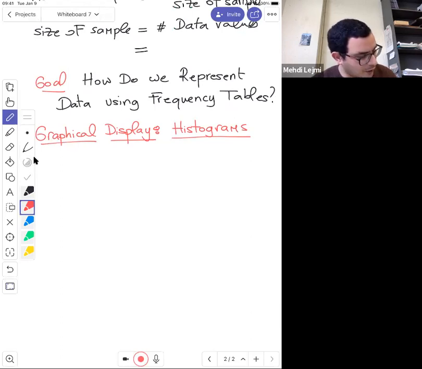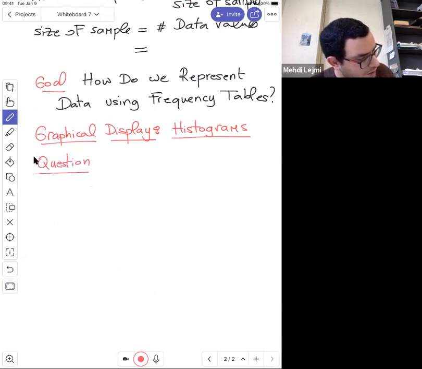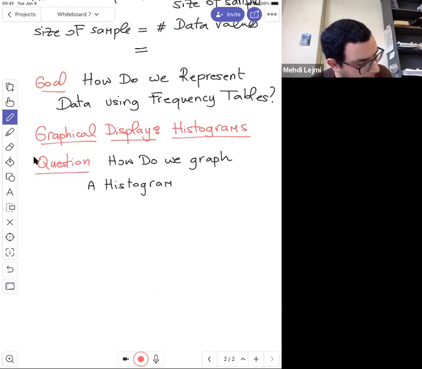So there are two steps. The question here is: how do we graph a histogram? If you want to display the frequency or relative frequency, usually we can use the histogram.